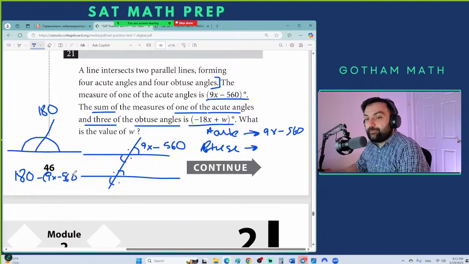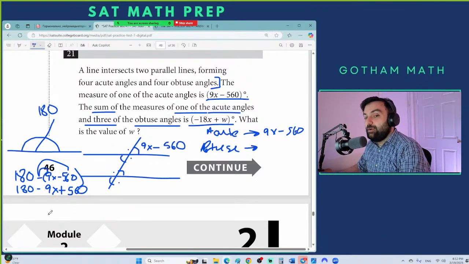from the 180. We're going to apply the minus to both things in the parentheses, because we're subtracting both of these things. It's going to be 180 minus 9x plus 560. You have to be very precise over here.